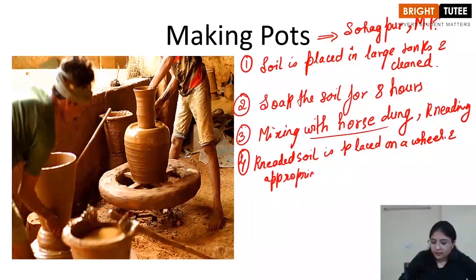Now as you can see in this picture over here, the kneaded soil is placed on the wheel and an appropriate shape is given. Whatever kind of shape we need, that kind of shape is given.